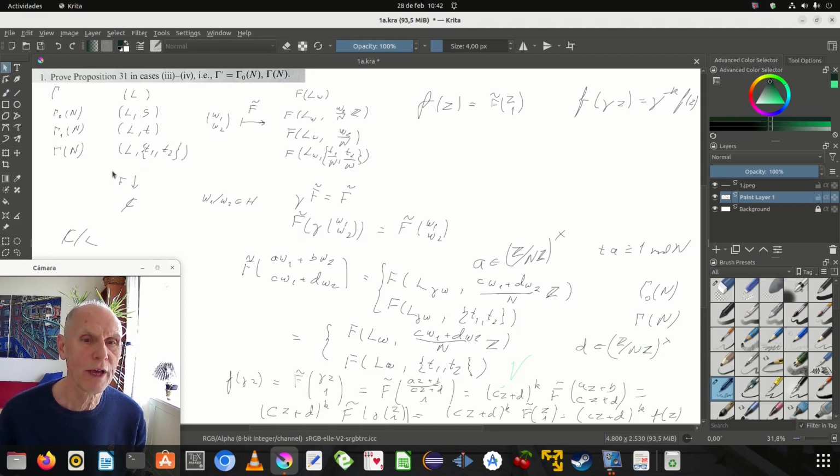Given a function f, capital F, we obtain a function minuscule f, defined this way, that transforms the right way. Whether it's differentiable on h is another question.